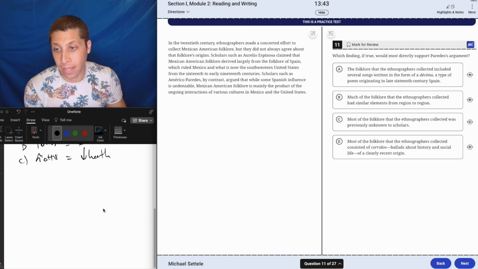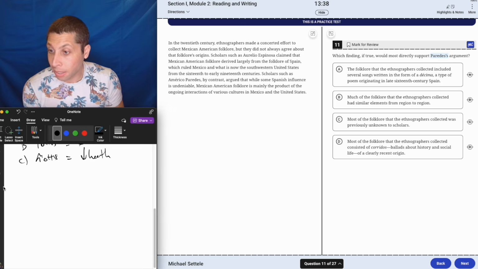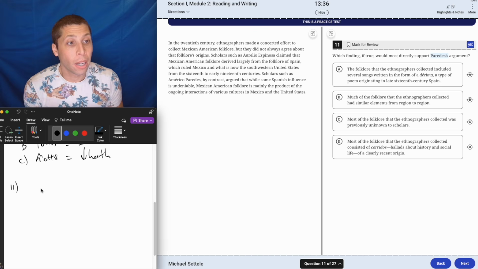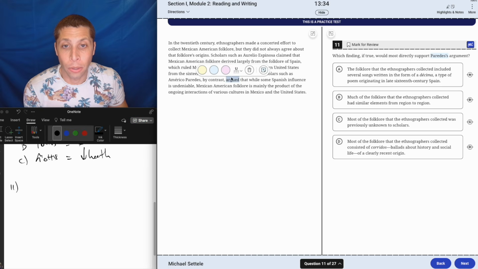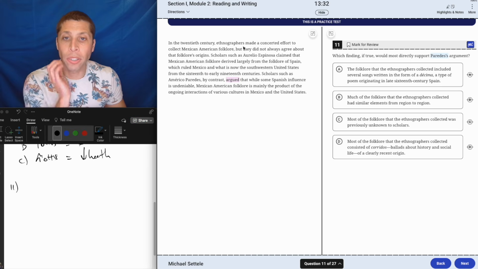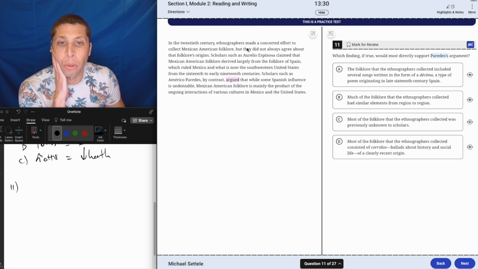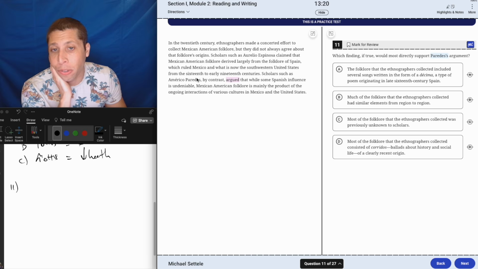Support, and that name, I've seen that name before. Okay, support Peretti's argument. In the 20th century, ethnographers made a concerted effort to collect Mexican-American folklore, but they did not always agree about the folklore's origins. Scholars such as Aurelio Espinosa claimed that Mexican-American folklore derived largely from the folklore of Spain, which ruled Mexico and what is now the southwestern United States in the 16th to early 19th centuries.